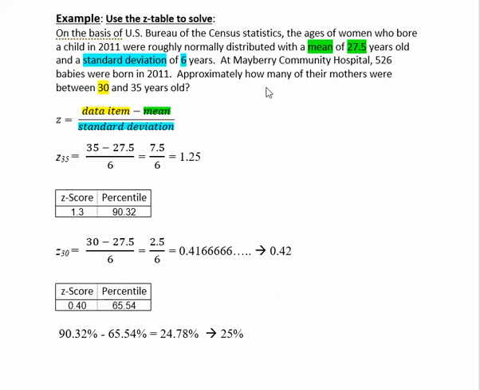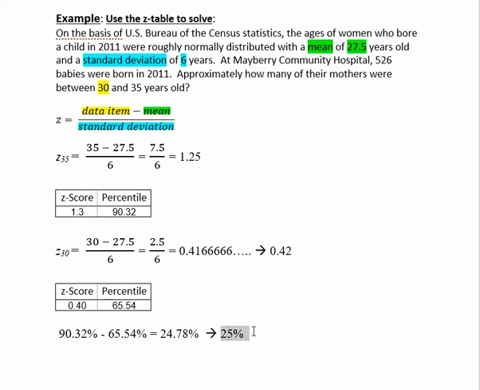Now if the question asked us for the percent of mothers, that would be the answer, 25%. But this time they asked us how many, meaning out of the total number they gave us, 526 babies born in that hospital, how many of those mothers would be between 30 and 35 years old.